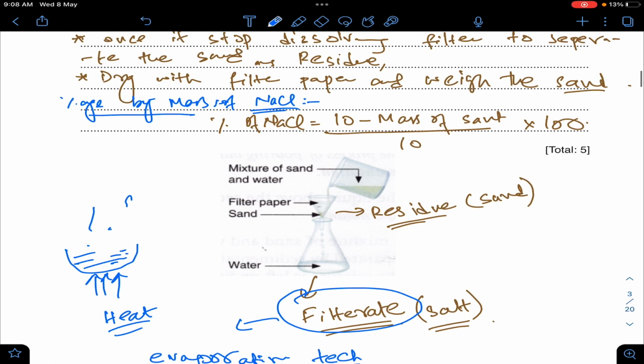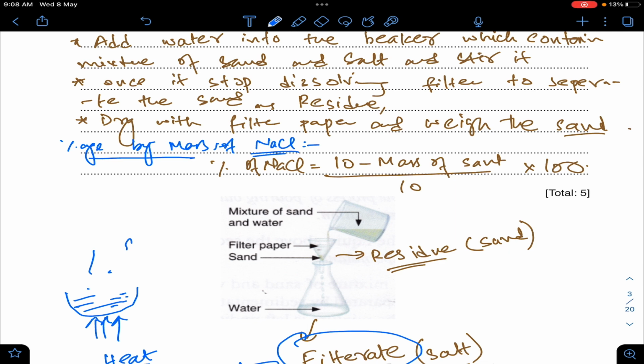What I have written here is that I've only calculated the mass of sand, and once I know the mass of sand, we'll find out the percentage of sodium chloride. For example, if the mass of sand comes out 6 grams, then we'll simply subtract it from 10. 10 minus 6 would be equal to 4.